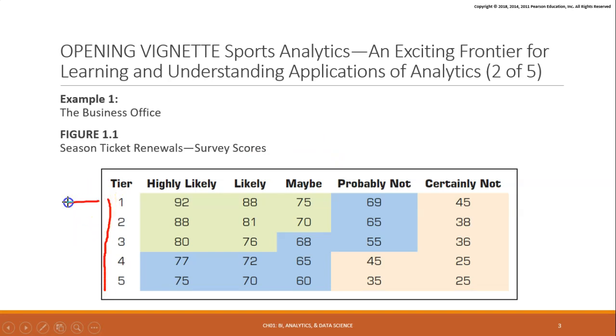The top tier is the one who spends the most, and the bottom tier is the one probably for the cheaper season tickets, something maybe closer to the end of the field, 10-yard line, that kind of nature. And they asked all these tiers of people, what is the likeliness that they would buy season tickets again next year? And they were able to get a number of survey respondents to answer that question.